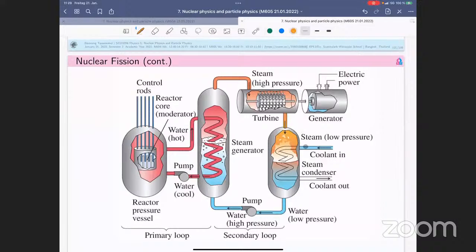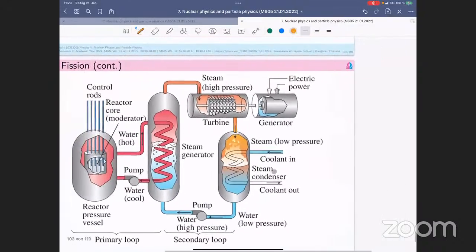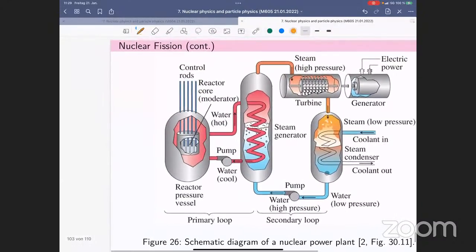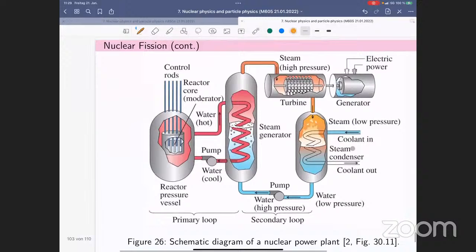And we use cold water with low temperature to absorb the heat of this steam, so that the gas state or the steam version of the water is condensed to become the liquid form of water. Okay, and we use the pump to move it around to the next boiling process. And that's the whole thing for the nuclear power plant.